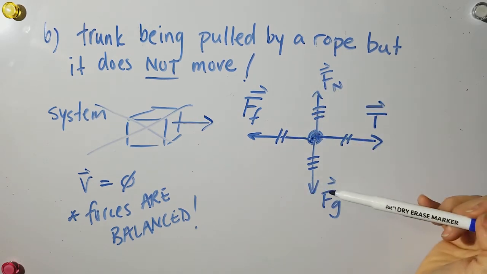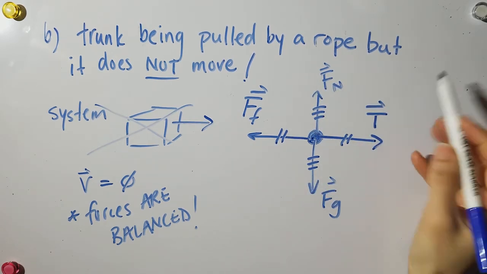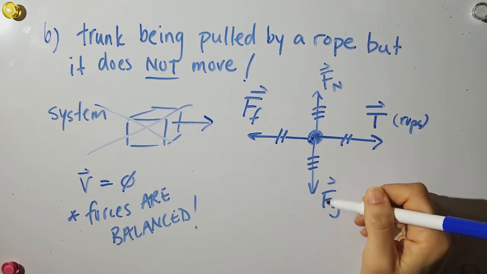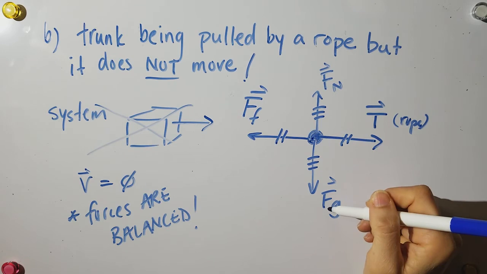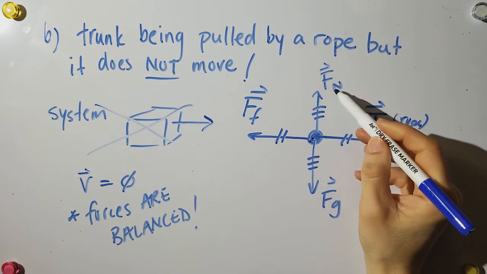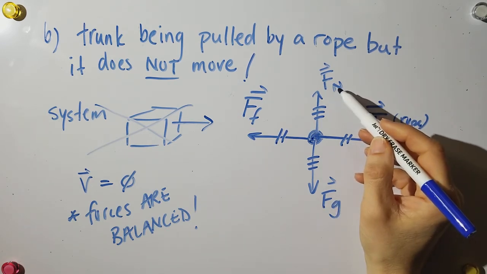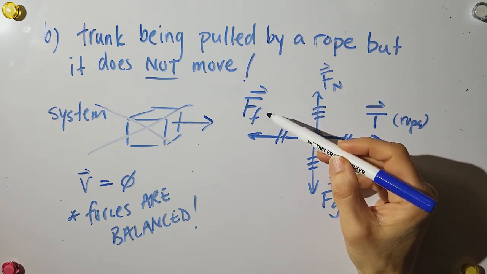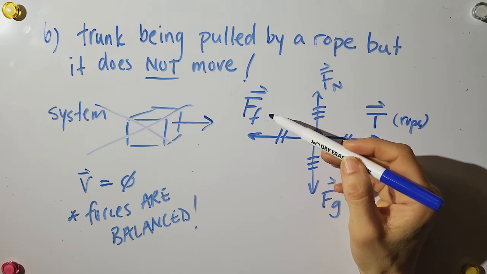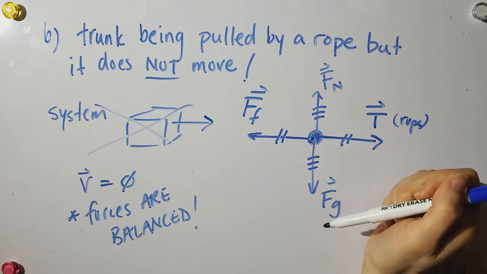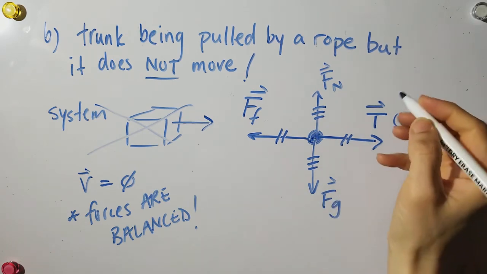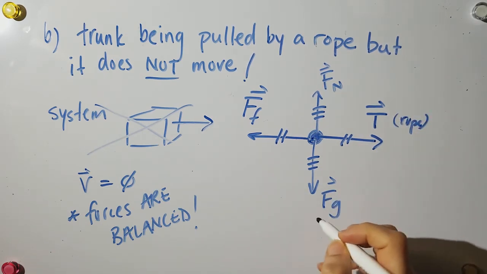So here we are, there's 4 forces. The rope, this is the tension through the rope. Here's the force of gravity, the earth pulling down on the box. This is the normal force. This is the floor pushing up on the box, and this is the force of friction. That's a result of it being in contact with the surface. All right, I'll take a moment and write these down if I can fit them here.